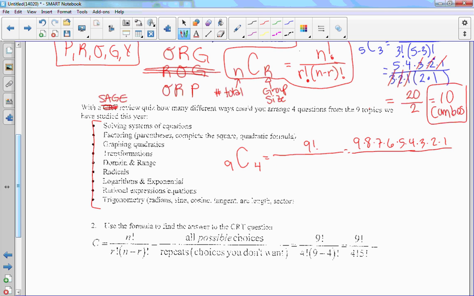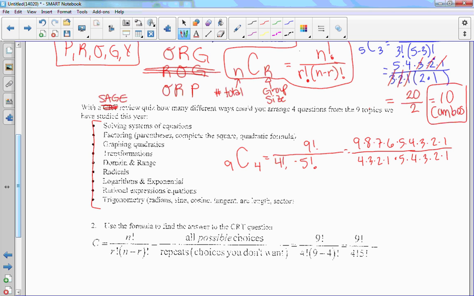Okay, 4 factorial, which expands to 4 times 3 times 2 times 1, times the difference, n minus r, or 9 minus 4, which is 5 factorial. So times 5 factorial, which is 5 times 4 times 3 times 2 times 1.